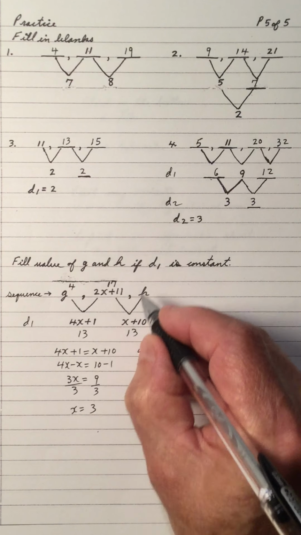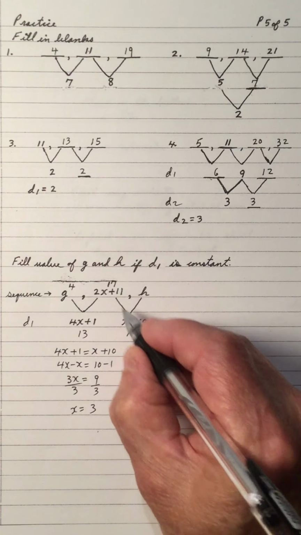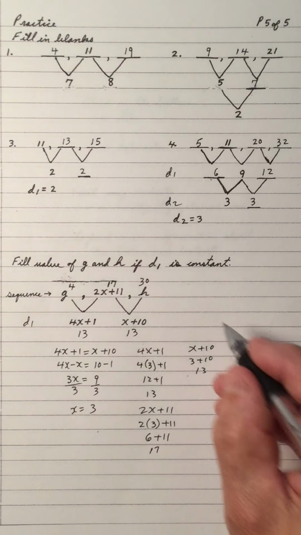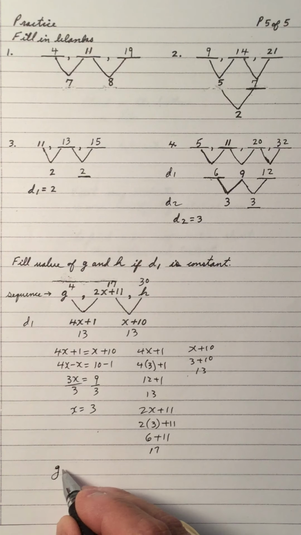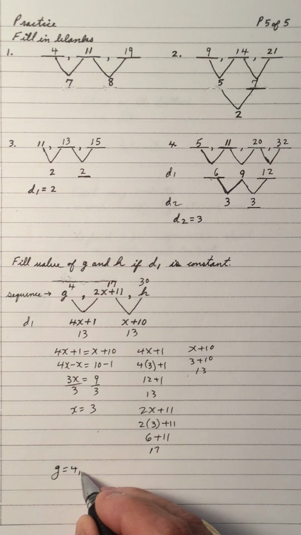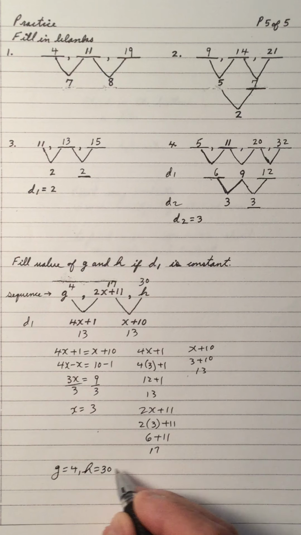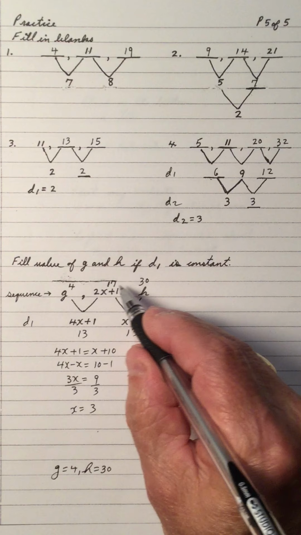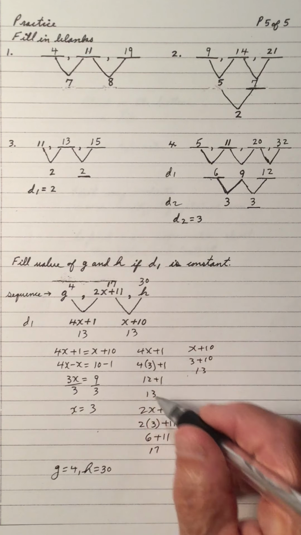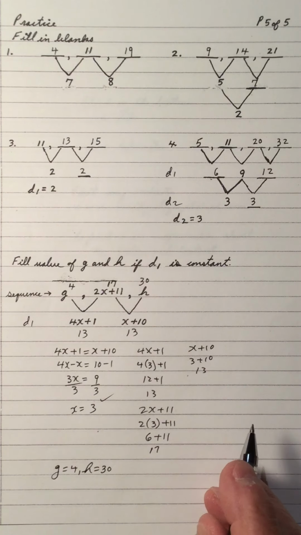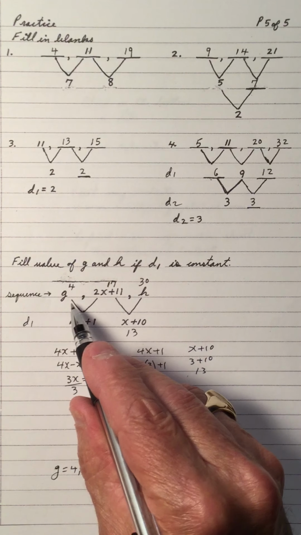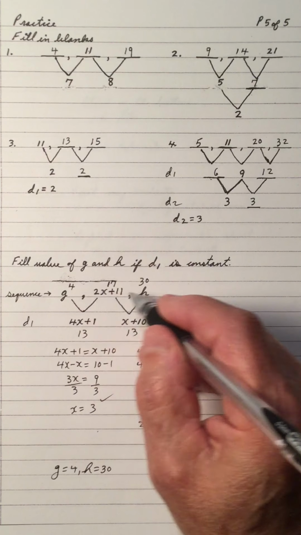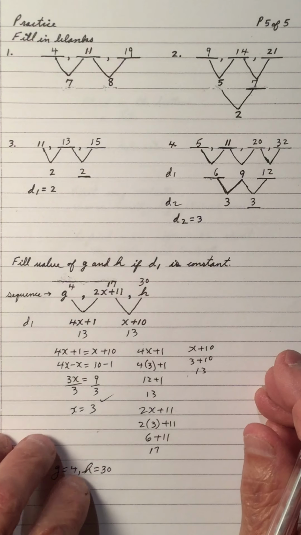And if that's a 13, what number subtract 17 gives you 13? So 17 and 13 is 30. So that means that G is 4 and H is 30. And let's check it out. 17 subtract 4 is 13. 30 subtract 17 is 13. And so this is the value of x. But I wanted you to find the value of G and H. So you had to get the x value, sub them back in to work out what the G and H was. Just a little tiny bit difference in the thinking.